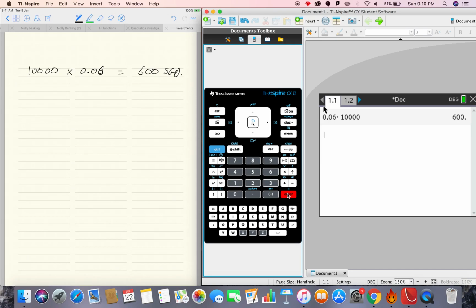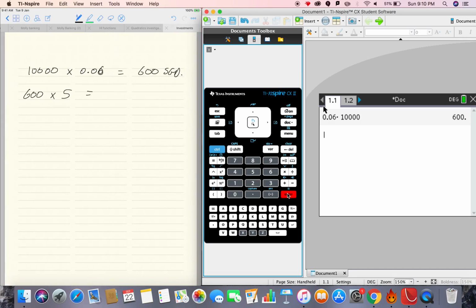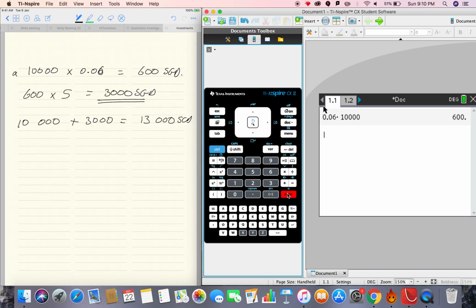Now, simple interest is a bit of a rip-off because what you do then is you do 600 times by 5, the number of years you have your investment for, and that means you've got 3,000 SGD. So the final amount therefore is 10,000 plus 3,000, which equals 13,000 SGD.